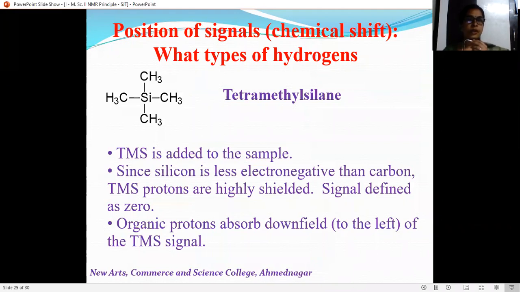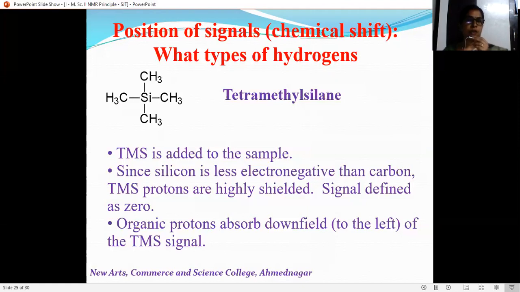For recording the chemical shift value, we have to use a reference compound. We cannot directly record the absorption frequencies. This is because the absorption frequencies of all protons have very small differences, and it becomes very difficult to record the exact absorption frequencies.